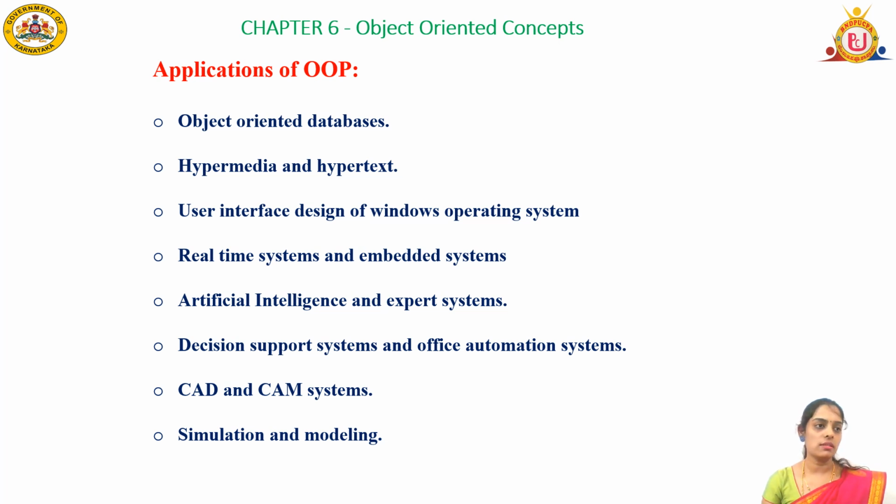The last one is simulation and modeling. Simulation is the imitation of the operation of a process, or the imitation of a system that represents the operation over time. For example, driving simulation. So these are the applications of OOP.